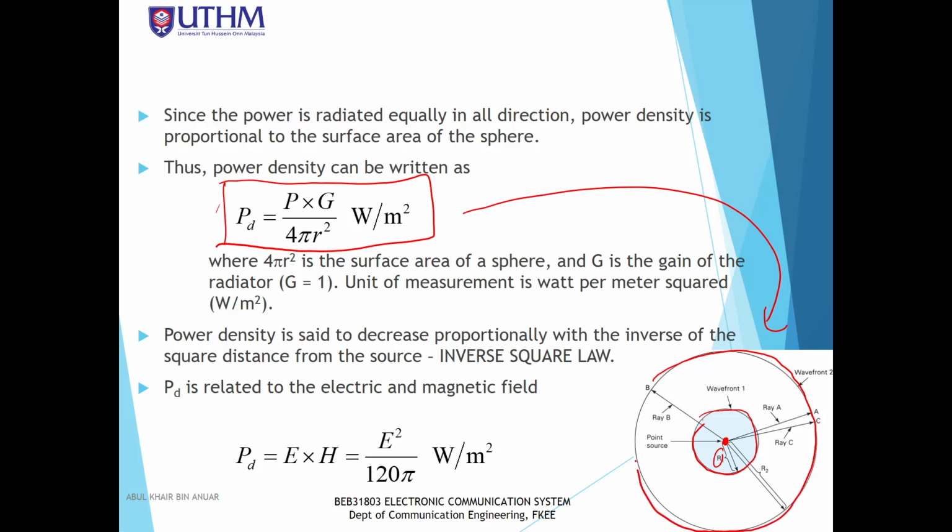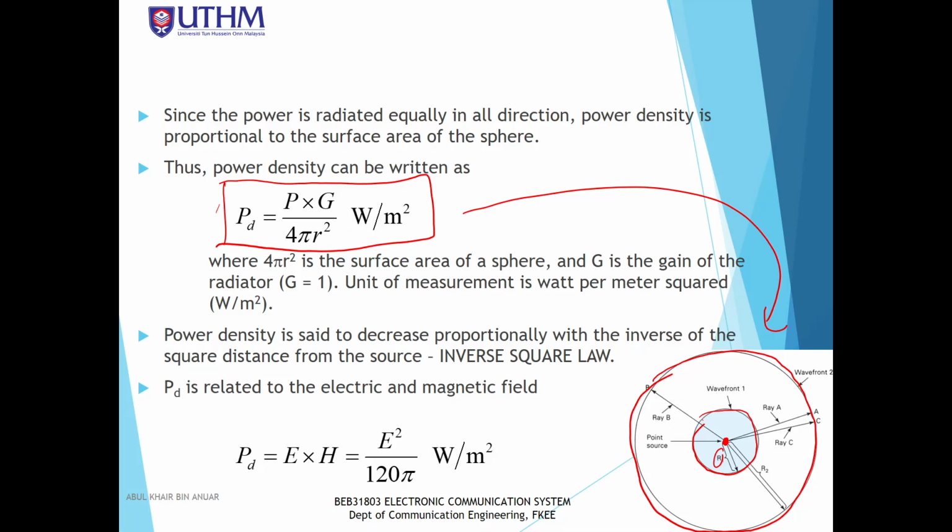So the radiation theoretically follows the spherical shape. Secara teorinya, the radiation pattern of the antenna follows spherical shapes. We always use a spherical shape to show the theoretical concept of the antenna radiation patterns. Secara umumnya dia dipancarkan dalam almost all directions.